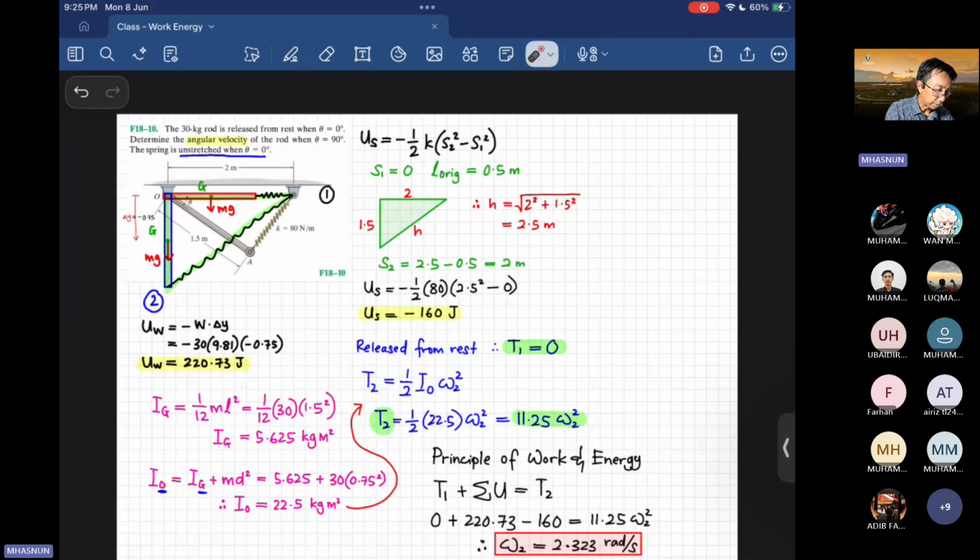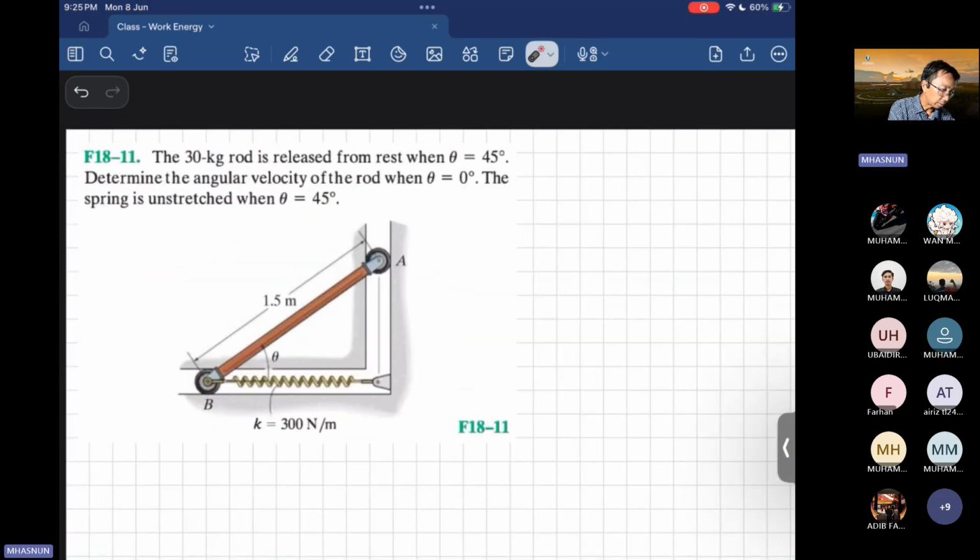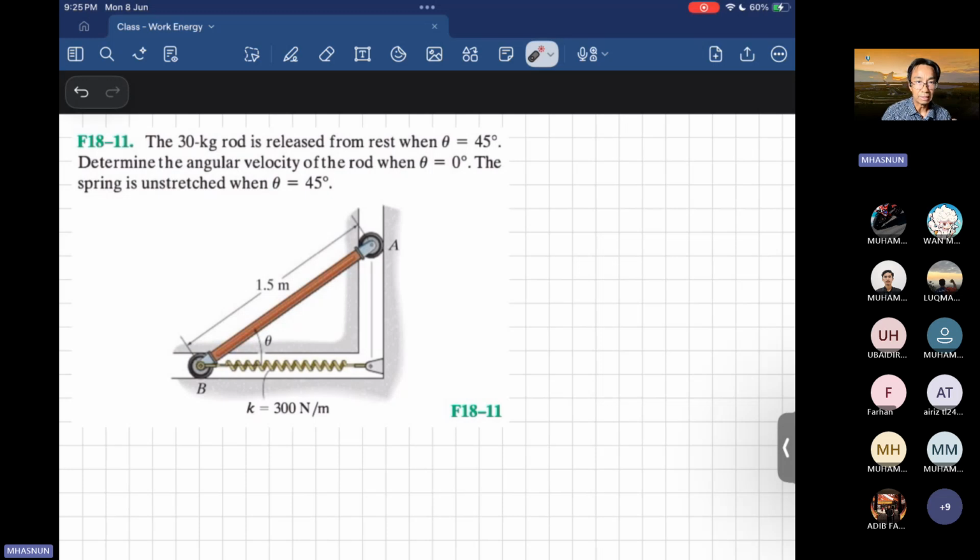Any more questions before I proceed to the next example? No, sir. Clear? Okay. If clear, let's move on to the next example problem, which is question 18-11.